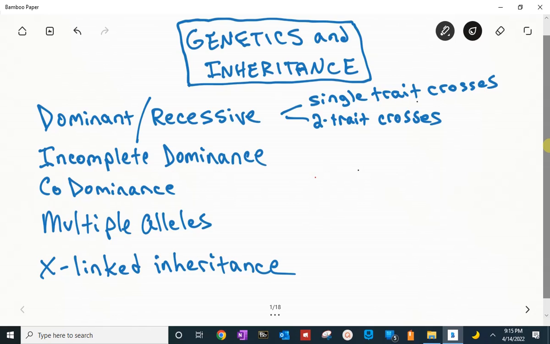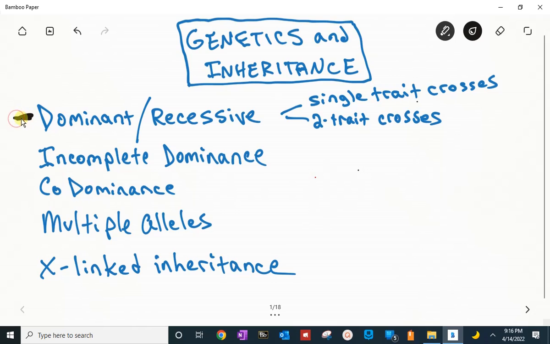So genetics and inheritance, there are several different mechanisms for this whole mom and dad passing on one of their chromosomes each to the child, and then the child's phenotype results from one of those genes being expressed.